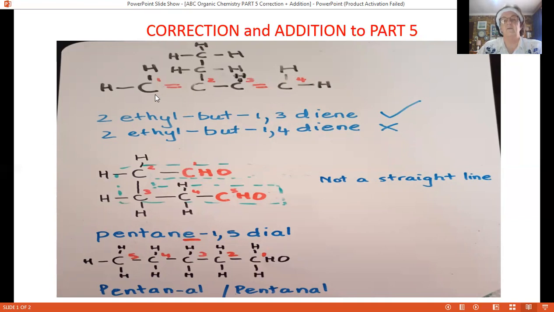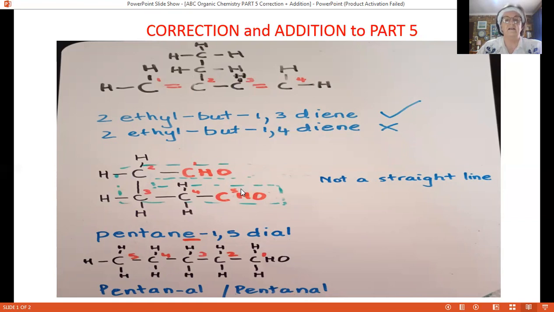So always start from one side, whichever side you start then, closest to the functional group. The second one will be the lowest number. So it's not 4 here, it is 3. And here we've got the aldehyde, 2 aldehydes. So it's di, and the suffix is al. Here we've only got pentanol.